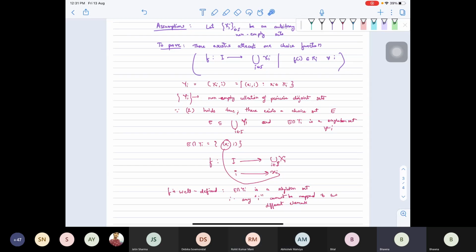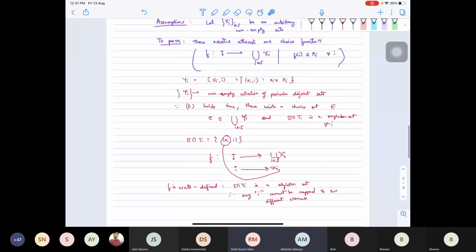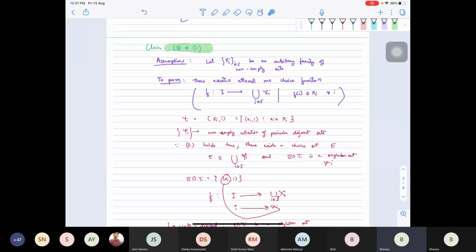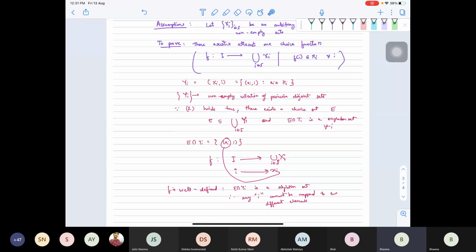Yes, Rohit. Ma'am, when we are looking for the choice function, at that moment we can choose any element from the Xi set. Okay, see, what you are trying to say is fair enough. But the whole point is this: for a choice set, we just have one particular point from each Xi, no matter what the point is. But the axiom of choice just says that there exists at least one choice function.